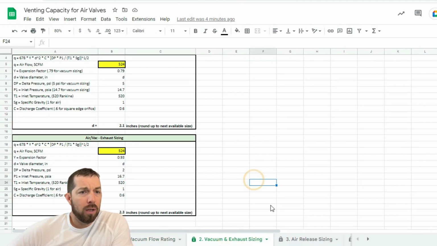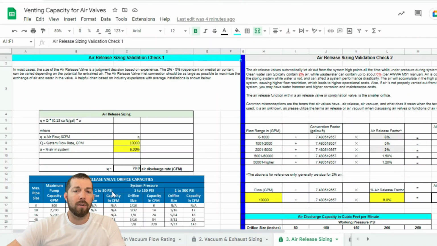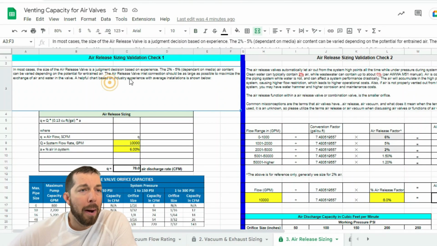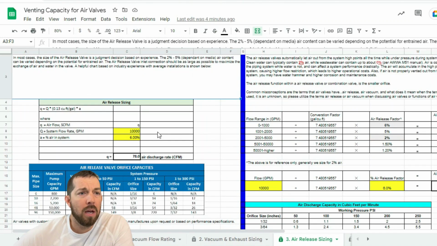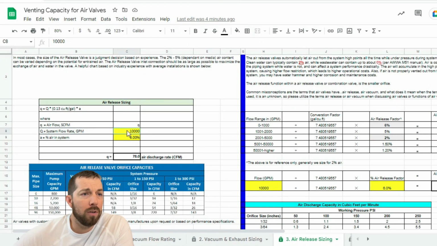So that's the vacuum and exhaust. We also have a tab in here for air release. Let's go through this as well. As mentioned earlier, when sizing these, you're going to put in your flow rates and then the percentage of air that you would expect.